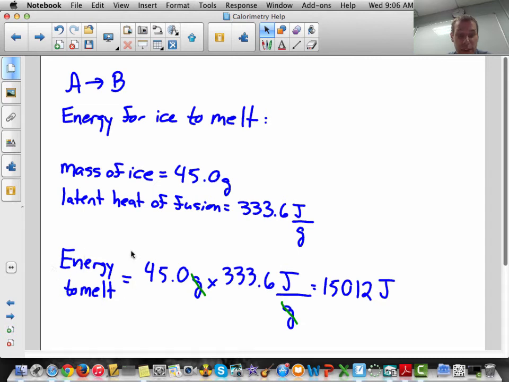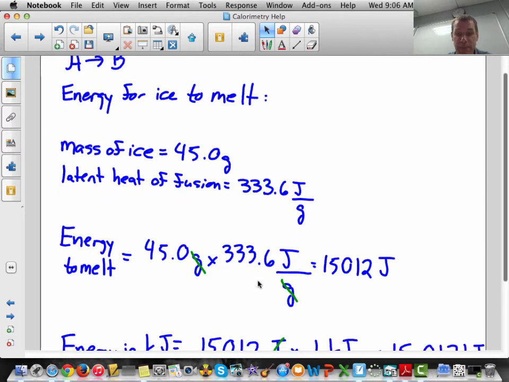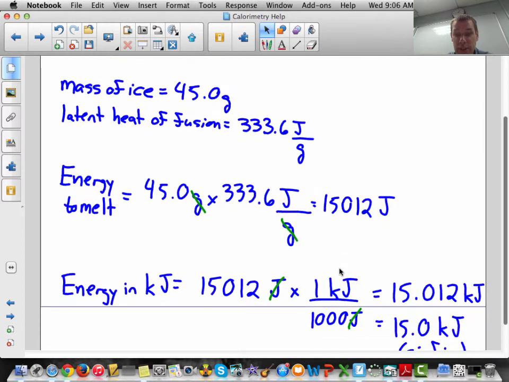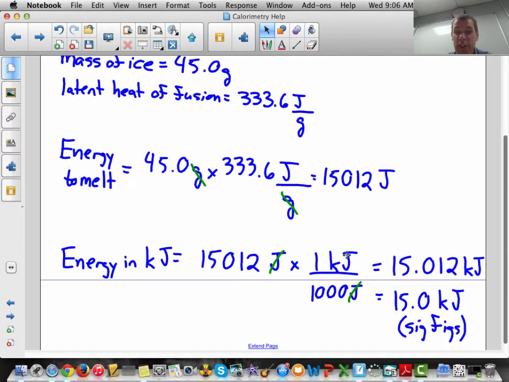The energy required to melt it is 45.0 grams times 333.6 joules per gram. In the factor label method, grams in the numerator and the denominator cancel out, and I'm left with joules. 15,012 joules are required to melt that ice. Now the lab asks you to convert to kilojoules, so there are 1,000 joules in every kilojoule.